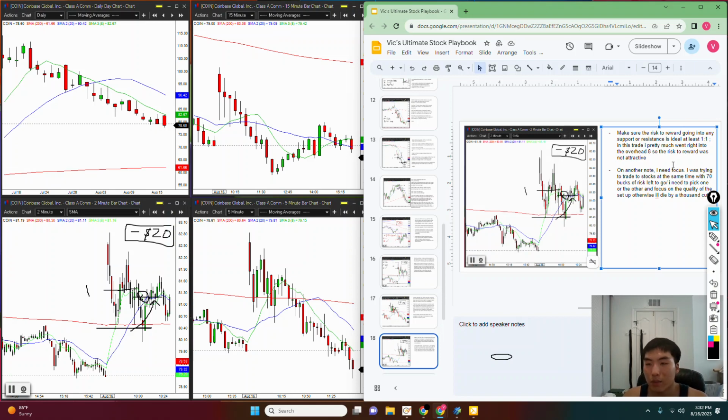So it really doesn't matter how you get there at that point, because you got to the max loss. So just be careful there.